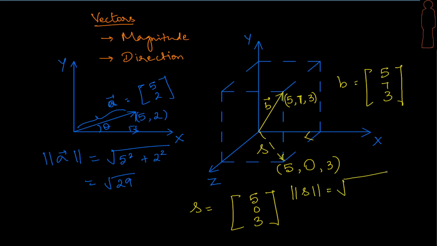This is 5 and this is 3, and therefore this will be 5 square plus 3 square and square root of it, right? So let's write this down. This is 25 plus 9, that's root 34. Great. Now we have the length of S available with us.